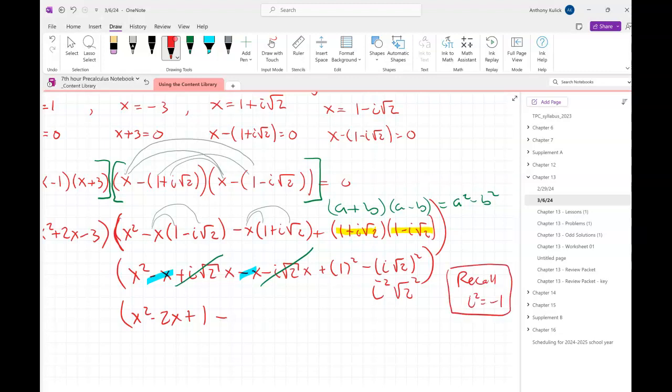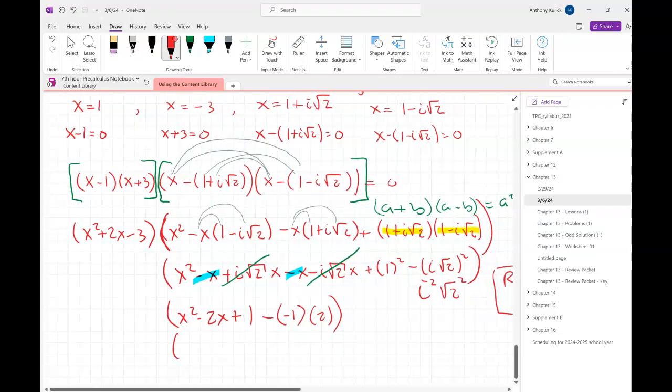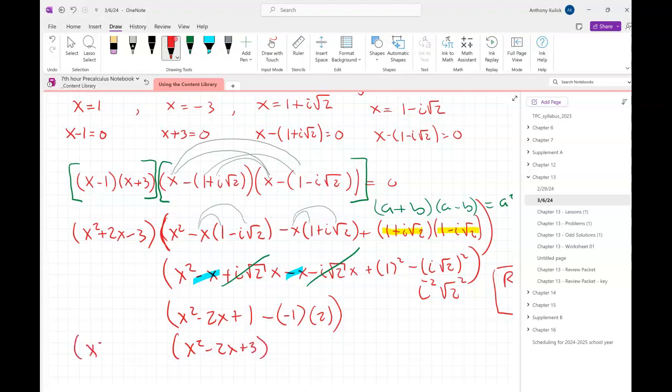From algebra 2, you should remember that I squared is negative 1. And what's the square root of 2 squared? Come on, guys, it's just 2, right? So what do I have? I have x squared minus 2x, and I have 1 minus negative 1 times 2, so that's 1 plus 2, so that's going to be 3.